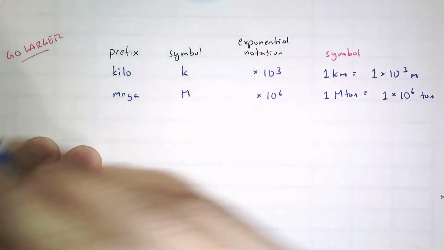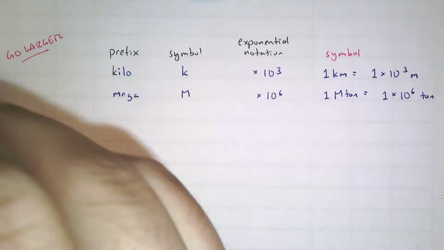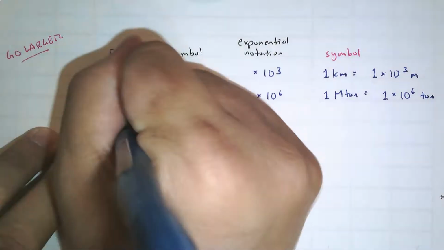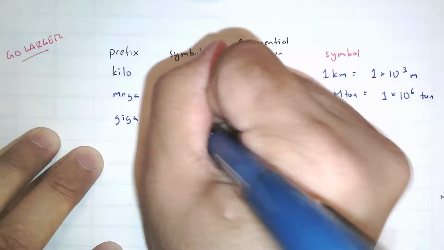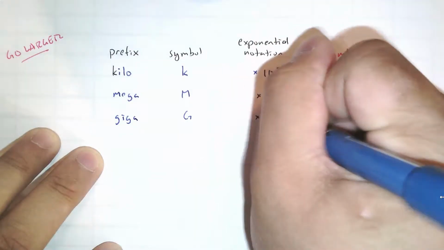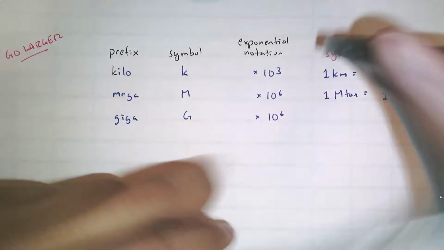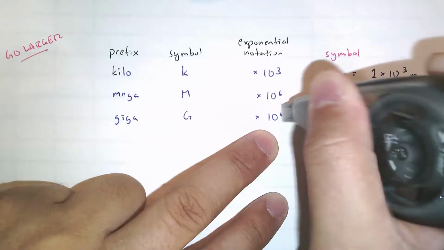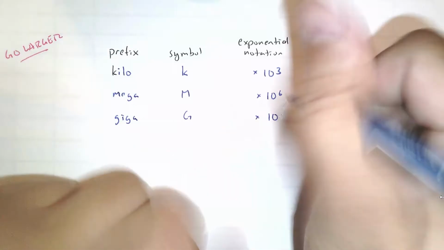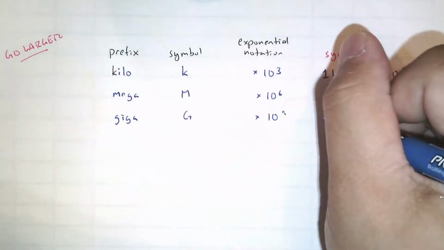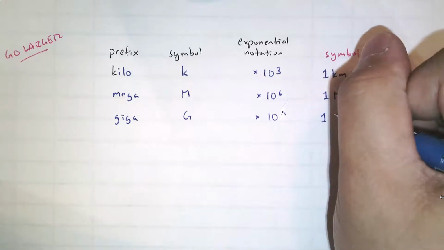Next would be giga, and actually, that's as far as we are going to go here. 10 to the 9. Whoops, that's 10 to the 9. That's a billion times larger. 1 giga.